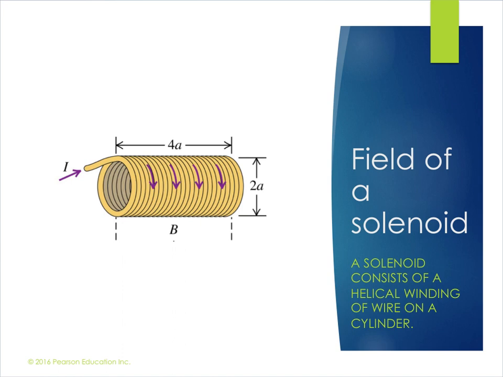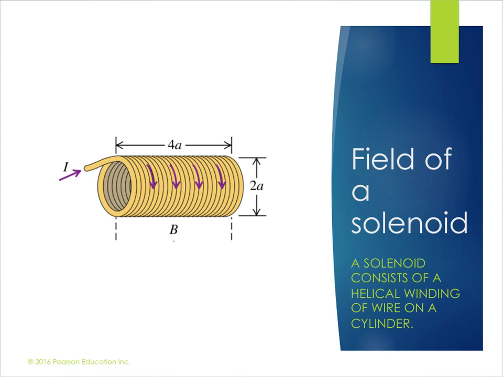All right, now we're going to look at another very common type of magnetic field production that we are interested in, and it's when we create what we call a solenoid, which is a tightly wound coil of wire. The idea is to try to make a nice uniform magnetic field down the center.